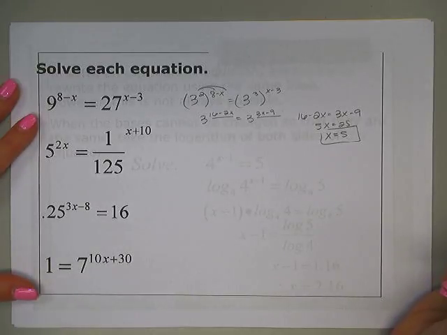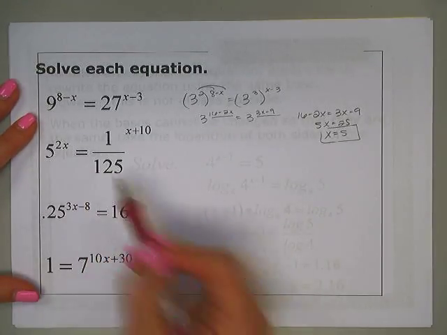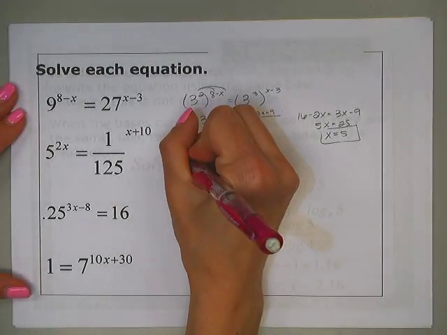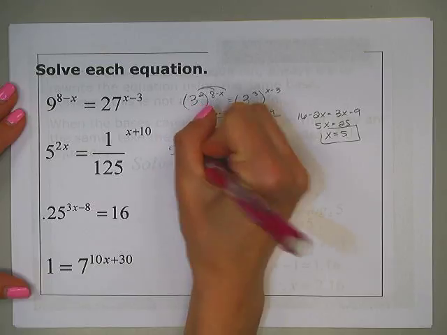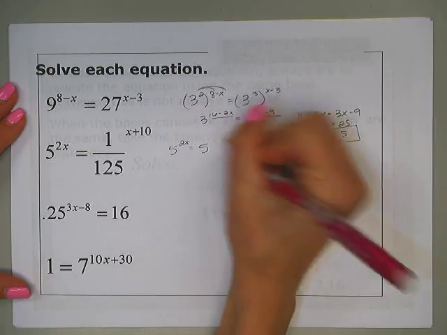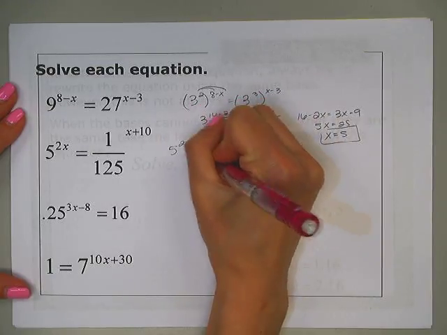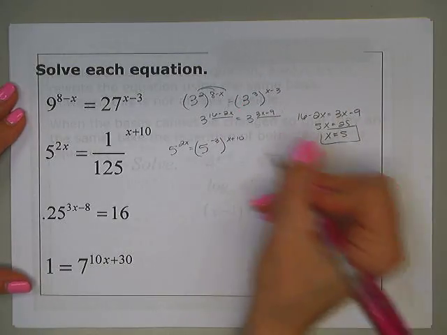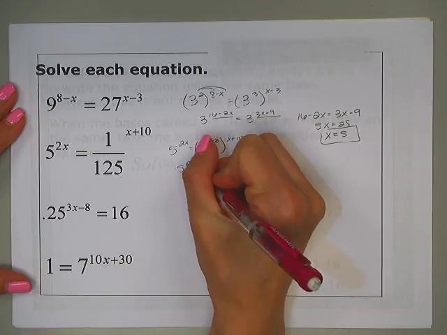I've got 5 raised to the 2x equals 1 over 125 to the x plus 10. 5 and 1 over 125, those are both powers of 5. Therefore, 5 raised to the 2x equals 5 to the negative third raised to the x plus 10.